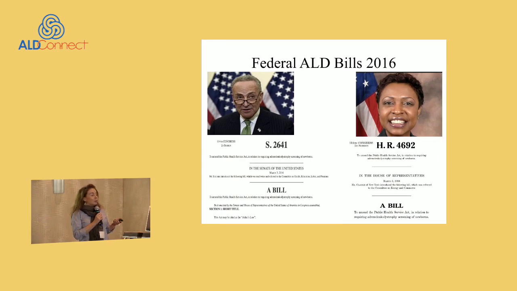Unfortunately, we didn't make it too far. At that time, Senator Schumer was pretty powerful, but as we know with the election that happened later in the year, my hope for him to be Senate Majority Leader didn't work out. So we didn't make it to the floor for a vote.